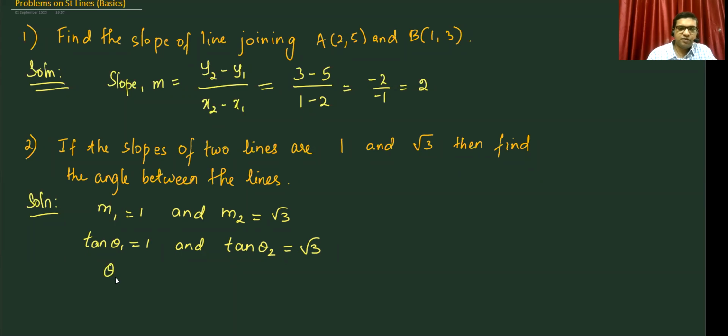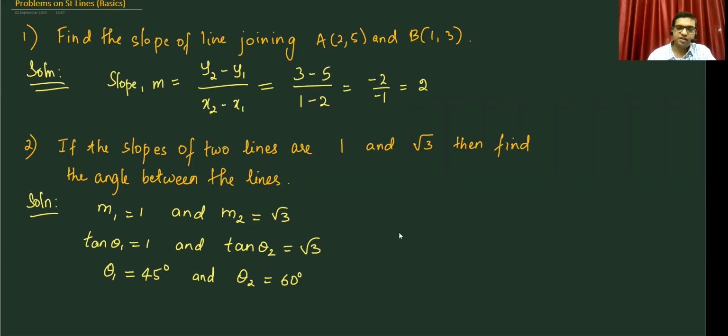So this gives theta 1 is equal to 45 degrees, since tan 45 is 1, and tan 60 degrees is root 3.